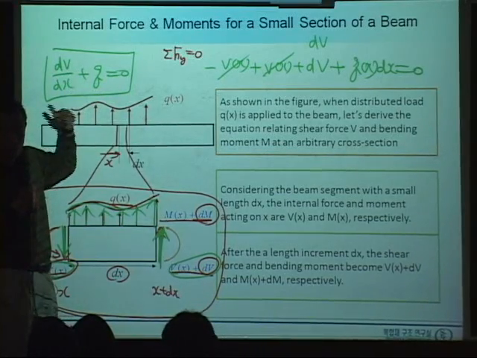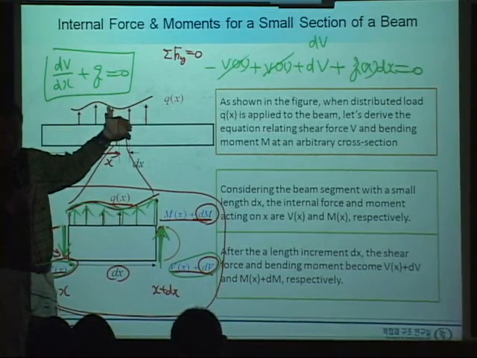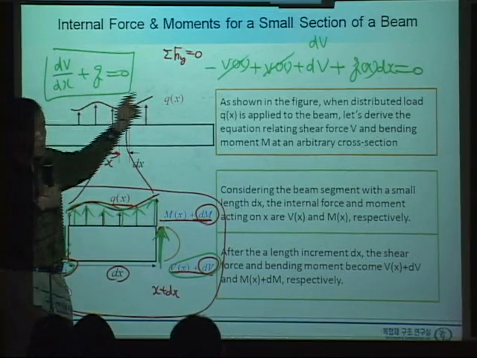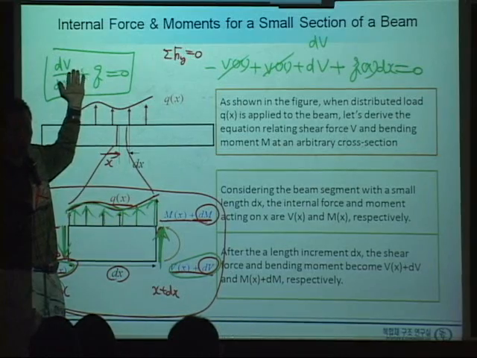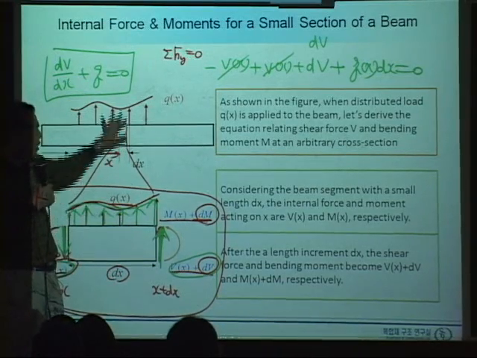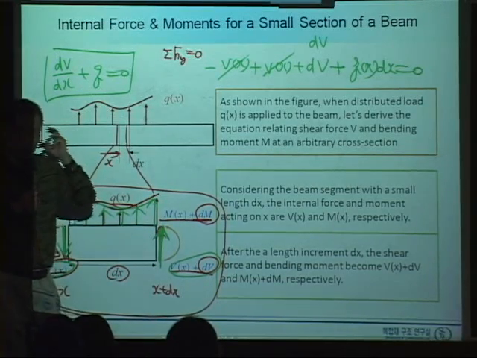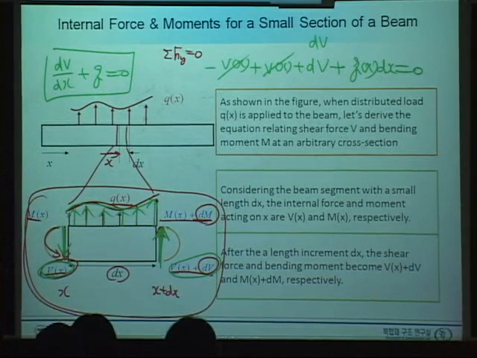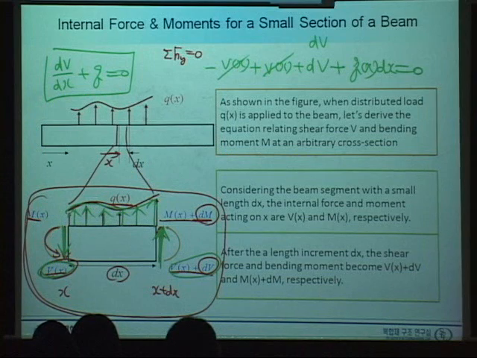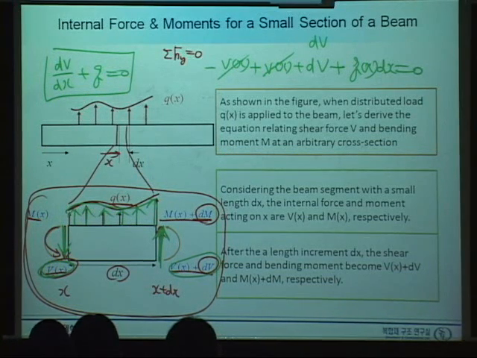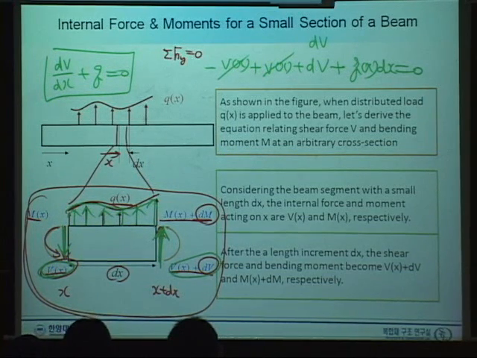V is constant. All along the x, it is a constant. If there is no q, V is a constant. Anyhow, this is the first differential equation which governs the distribution of shear force.